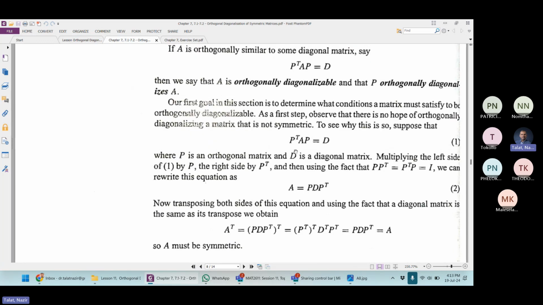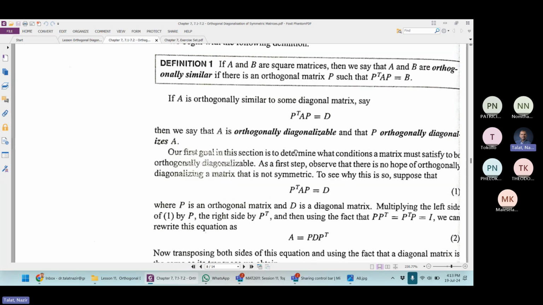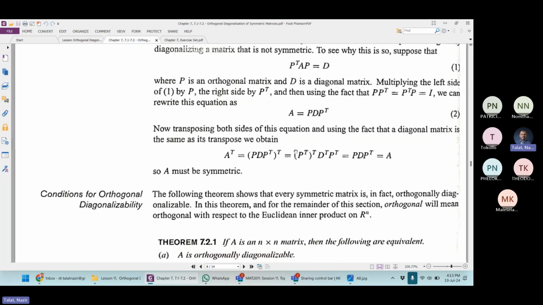And one thing more is that if a matrix is orthogonally diagonalizable, then such a matrix will always be symmetric. Here one can see that if you apply the transpose on that, it becomes the whole transpose, and it will interchange the entries. The transpose of a transpose is always equal to the same matrix.